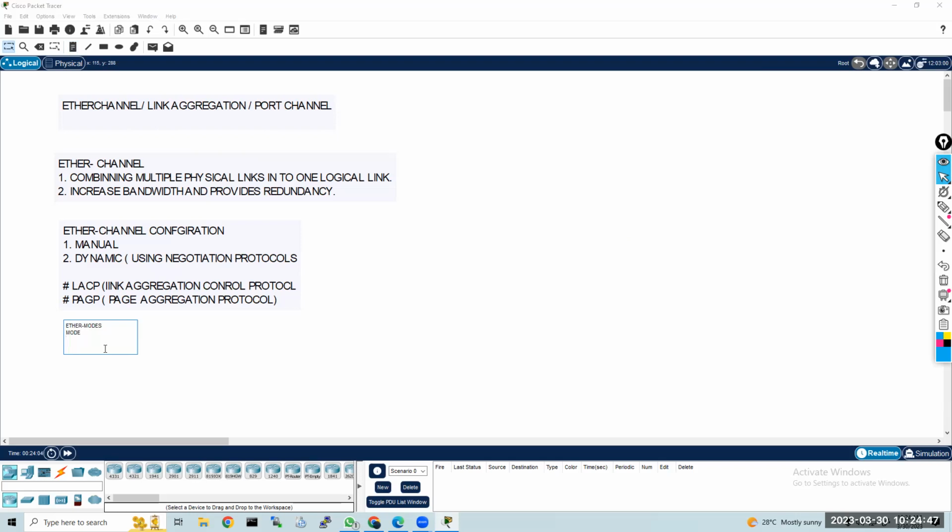Let me write it here. If the mode is on, the result is no PAgP or LACP, they are disabled. I will tell you what this is, guys.